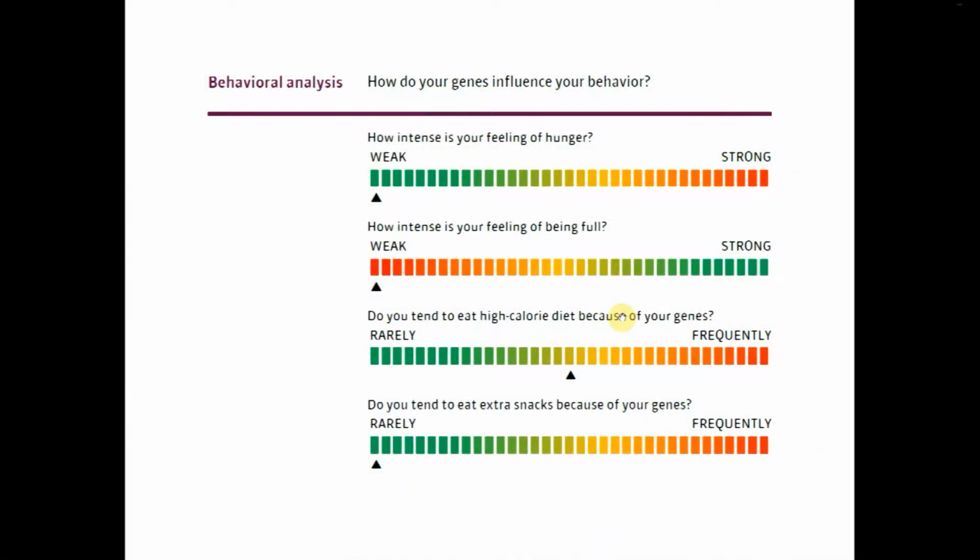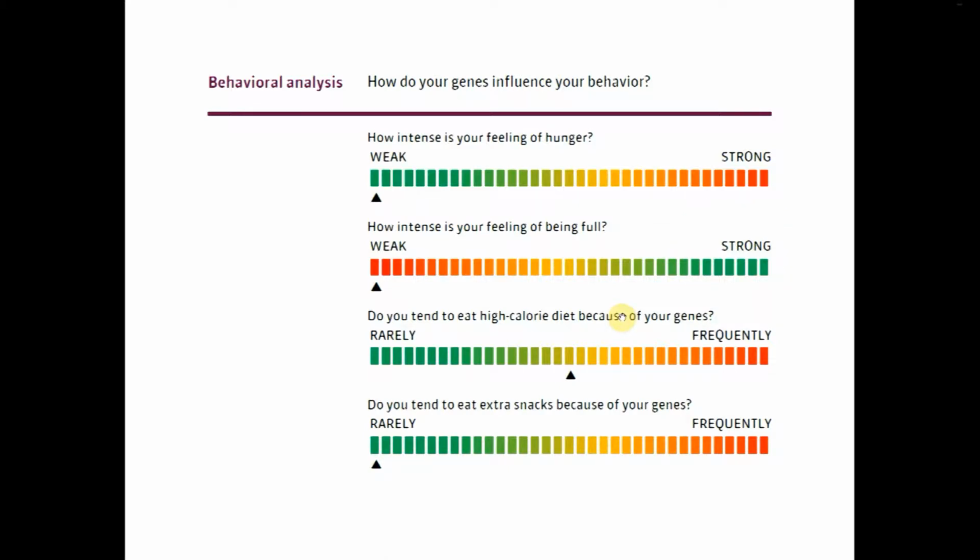Now what happens is when two people, one with a weak feeling of satiety and one with a strong feeling, eat, the one with the strong feeling is going to realize, enough, and the other one continues eating because he still doesn't feel full yet, and he eats a lot more. So people with the tendency to have an arrow here tend to overeat themselves, so eat more than their body really would want to have eaten, while people here usually tend to stop by themselves and not overeat themselves.